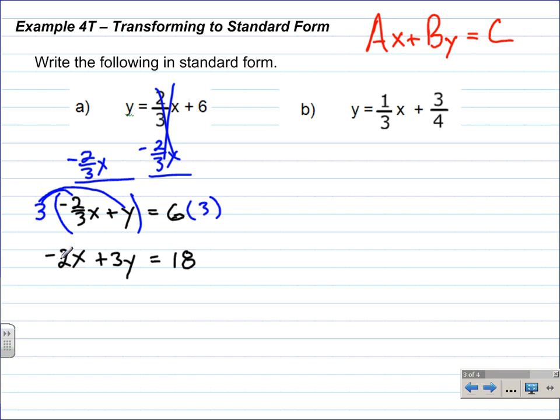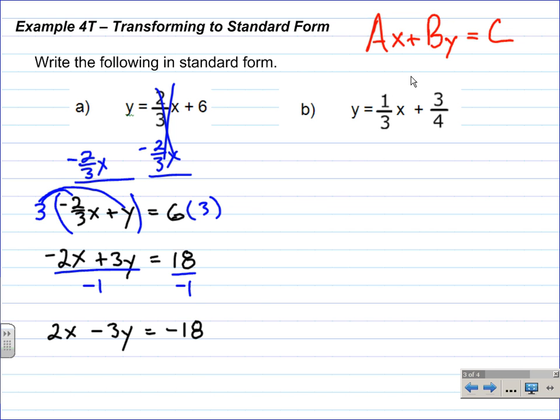For this to be in standard form, the x term cannot be negative, so we need to multiply or divide both sides by negative 1. When I divide both sides by negative 1, it changes the sign of all of the terms, so the negative 2x becomes 2x, the plus 3y becomes negative 3y, and the positive 18 on the right becomes negative 18.